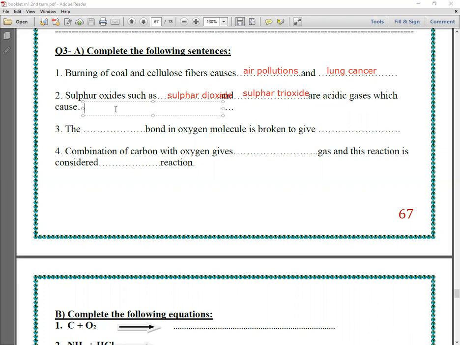Acidic gases cause respiratory system problems or malfunctions and building corrosion.